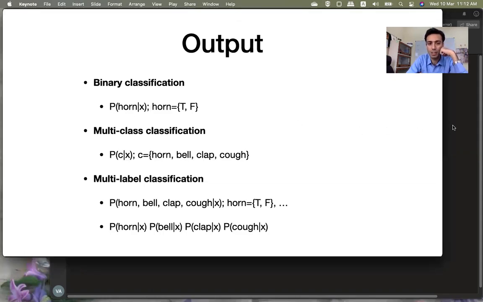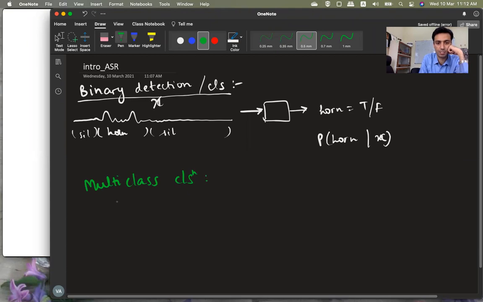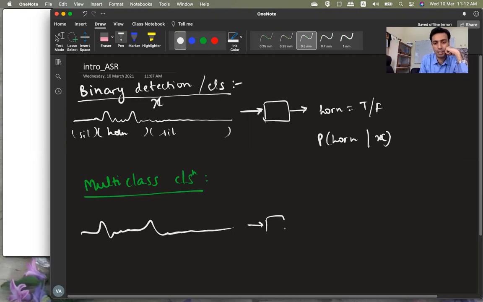Now there could be a scenario where in this snippet multiple events are possible: multi-class classification. The same audio can either have a horn, or clapping.